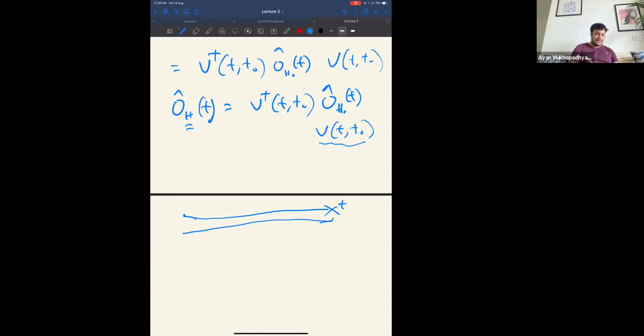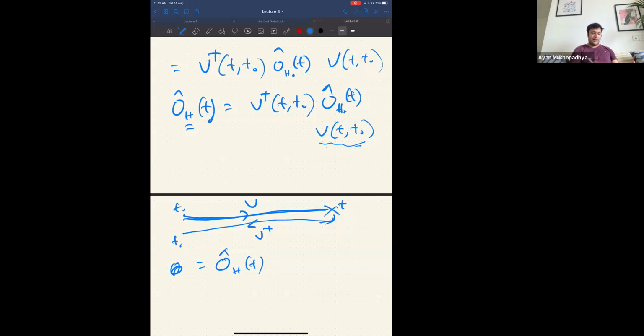So basically, I can say that this is equal to... What I'm doing here is taking from t naught and again going back to t naught, because V is a time evolution operator. I can interpret it as a time evolution operator in the interaction picture, going from t naught to t, and then V dagger would be the time... So you see that whatever appears later should have occurred earlier on the time contour.